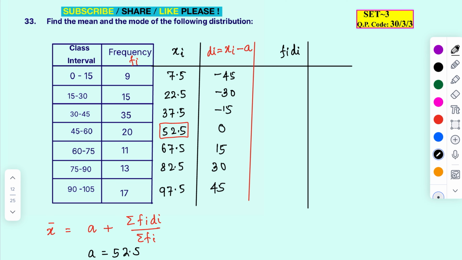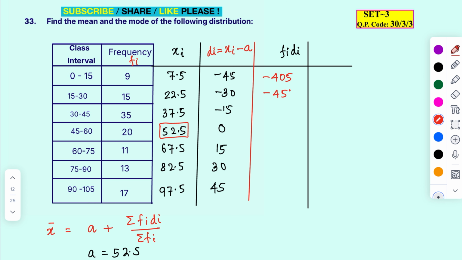Fi di will be, first one, minus 45 into 9, this is F1 d1. Second one is F2 d2, like this. So the first one is minus 45 into 9, that is equal to minus 405.